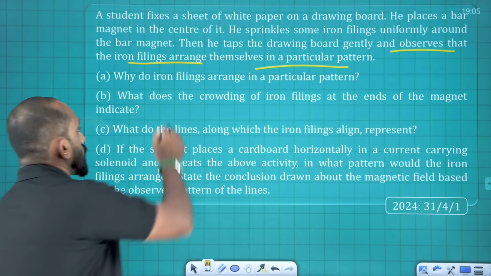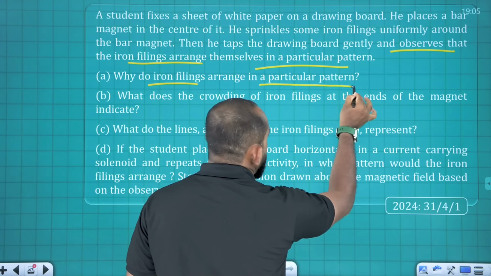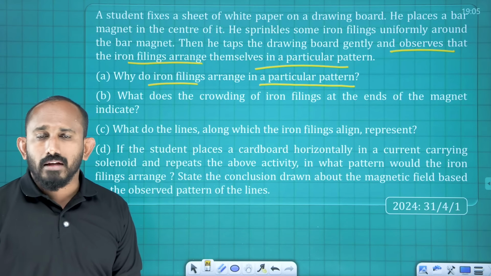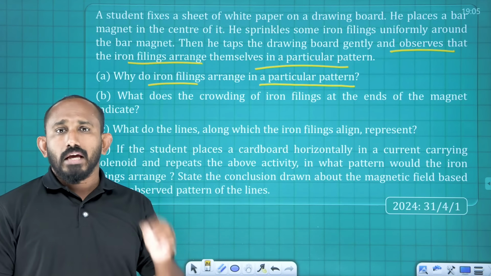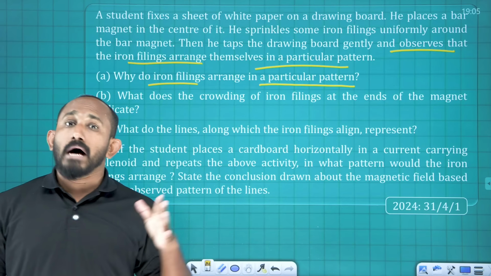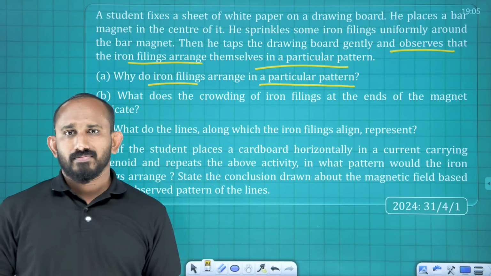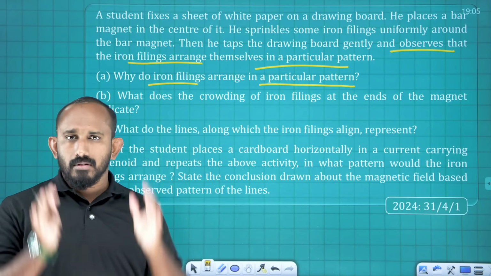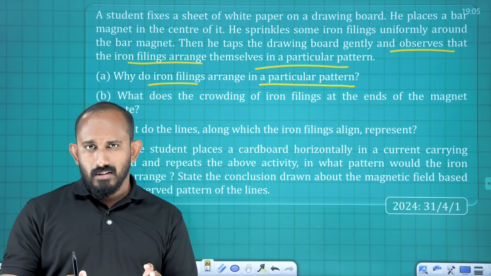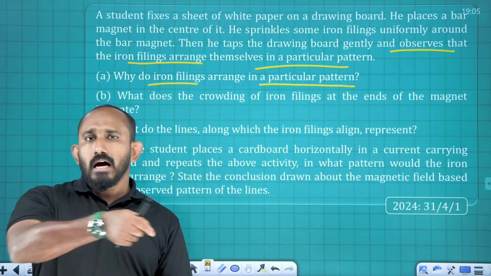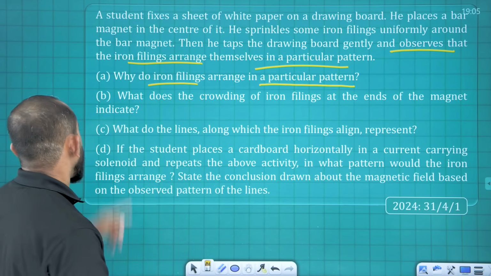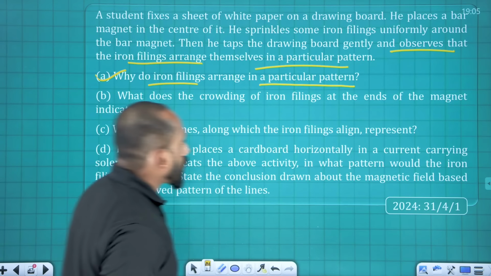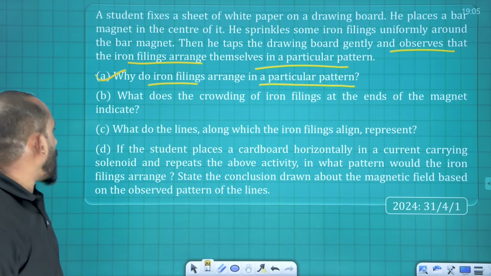A. Why do iron filings arrange in a particular pattern? You know, iron filings are magnetic material, so they align only along the magnetic field lines. Wherever the magnetic field is there, the shape is given by the alignment of the iron filings. B. What does the crowding of iron filings at the end of the magnet indicate?